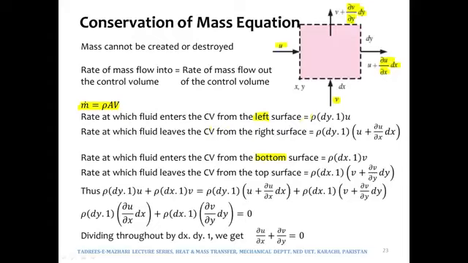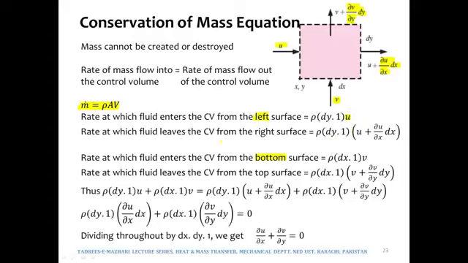So density is rho, and then the area in the way of u would be dy, this length, times the length in z direction, which is 1, and the velocity component in x direction is u.